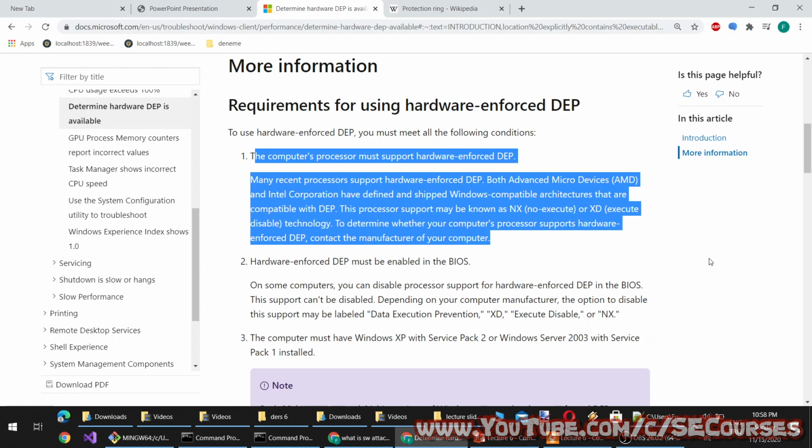Many recent processors support hardware-enforced DEP. Both Advanced Micro Devices (AMD) and Intel Corporation have defined and shipped Windows-compatible architectures that are compatible with DEP. This processor support may be known as NX (No Execute) or XD (Execute Disable) technology. To determine whether your computer's processor supports hardware-enforced DEP, contact the manufacturer of your computer.